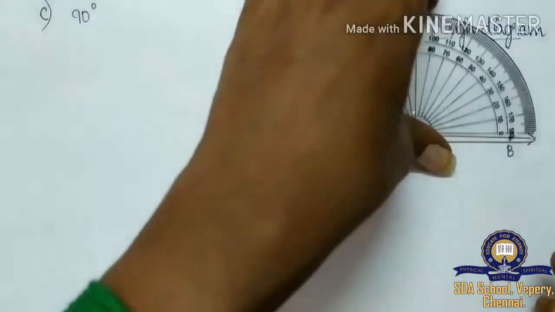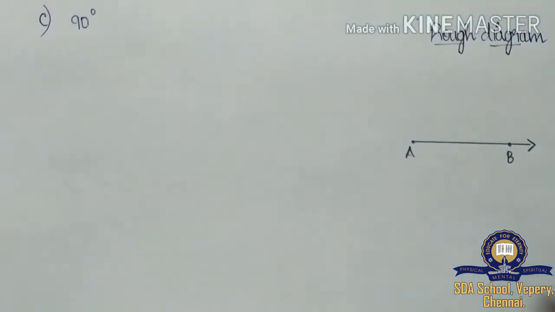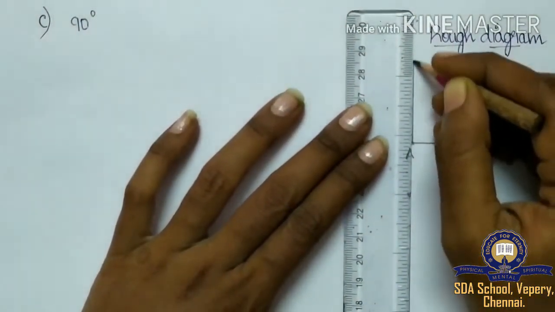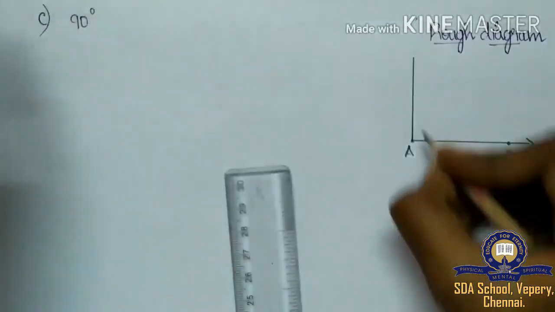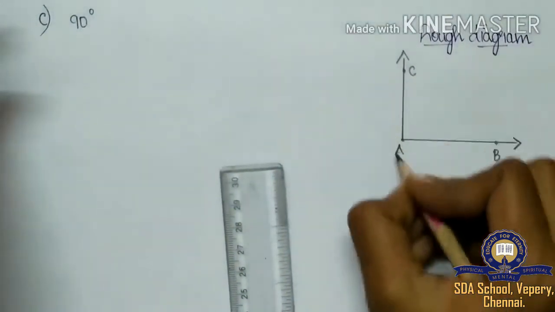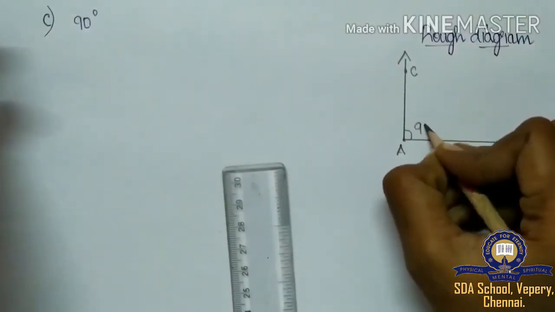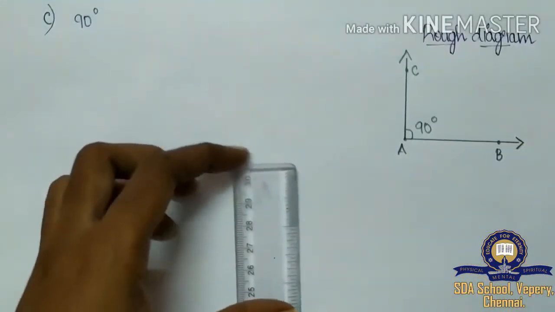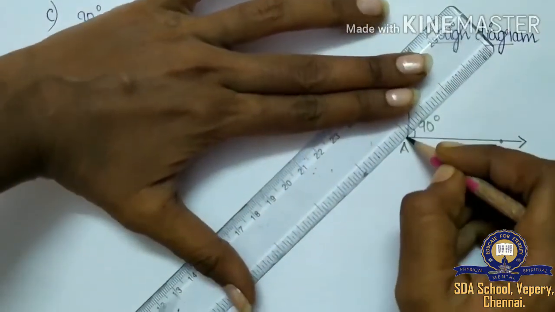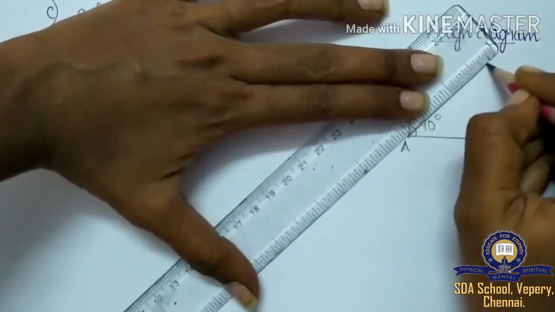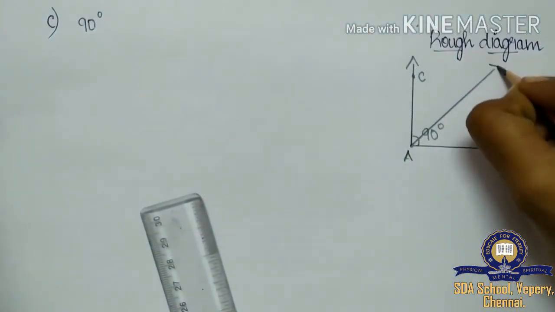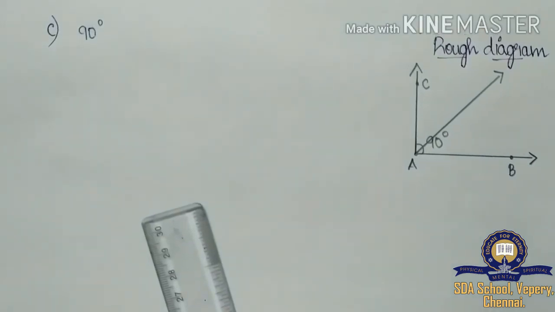So I mark 90 degree and then I'm going to draw roughly an angle and I name it as C. Now the given angle is 90 degree. After this, we should draw a bisector. So draw a bisector line. It divides the angle into two equal angles. Okay students, are you clear?